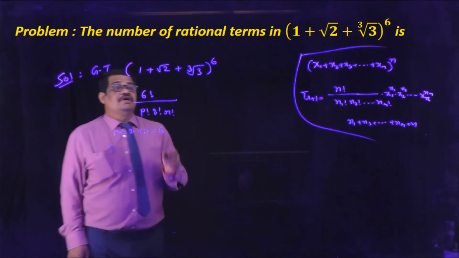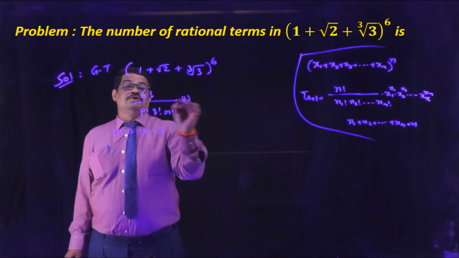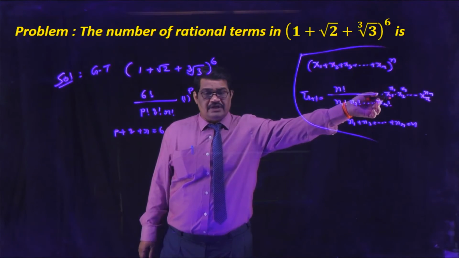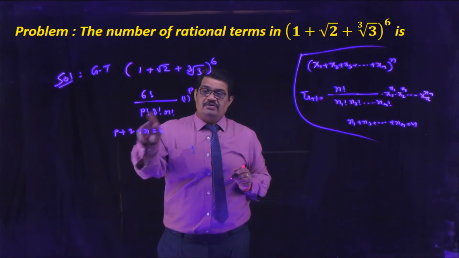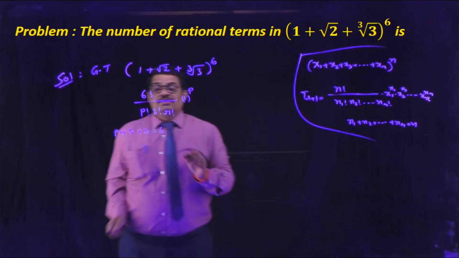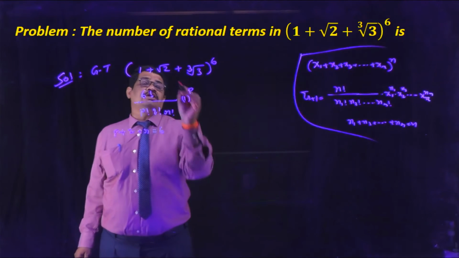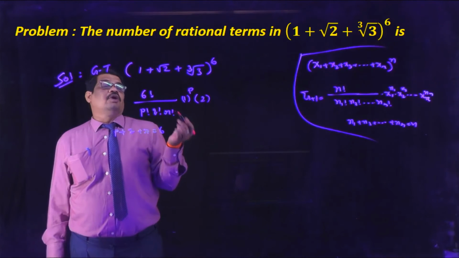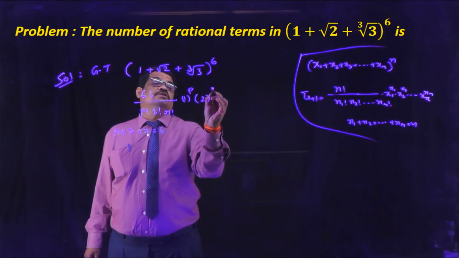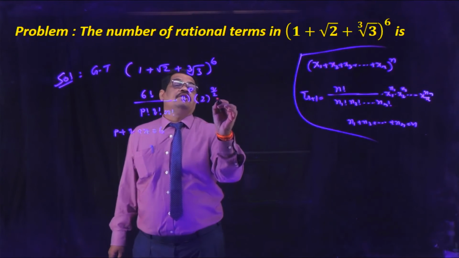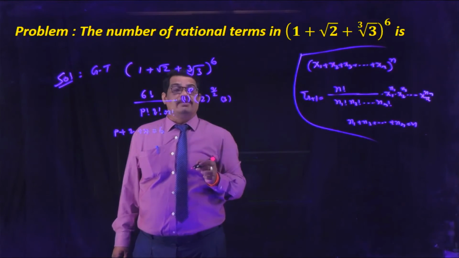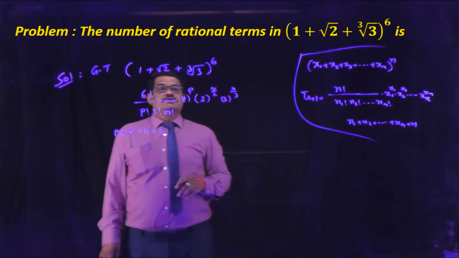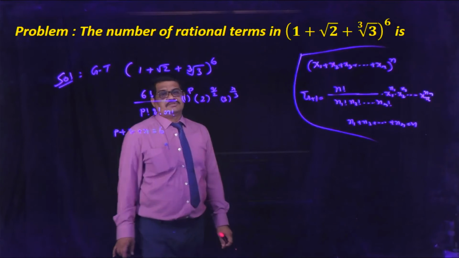What are the terms here? x1 to the power of n1; here we write 1 to the power of p, and the second term, root 2, is nothing but 2 to the power of 1 by 2, whole power q, that is q by 2. The third term is 3 to the power of 1 by 3, whole power r, that is r by 3.